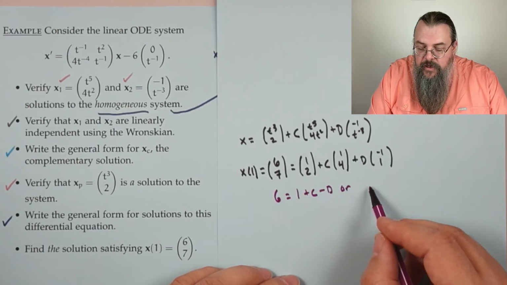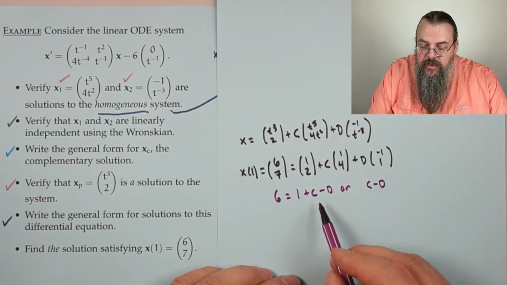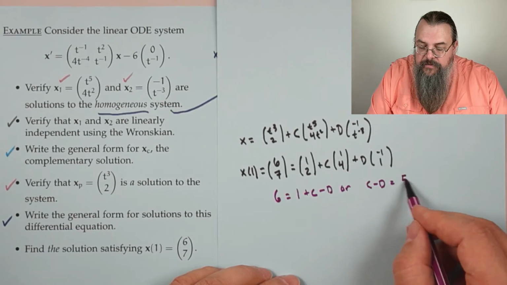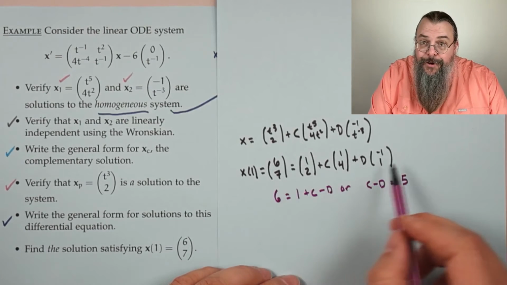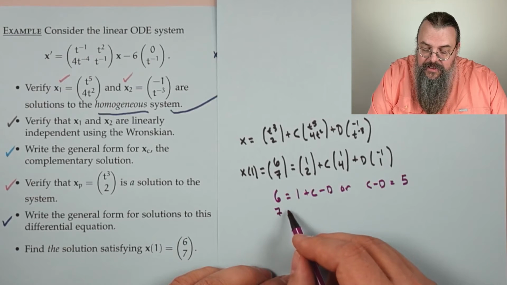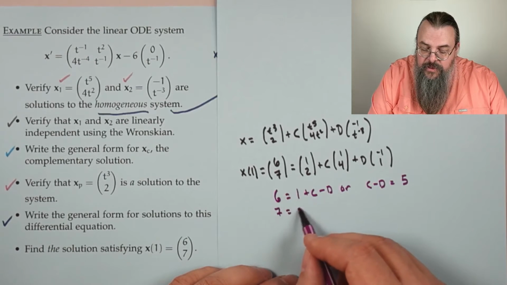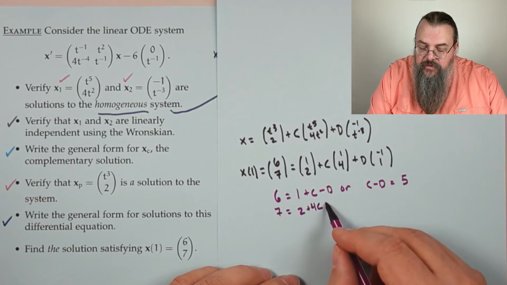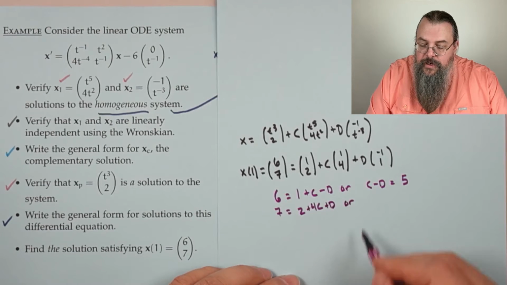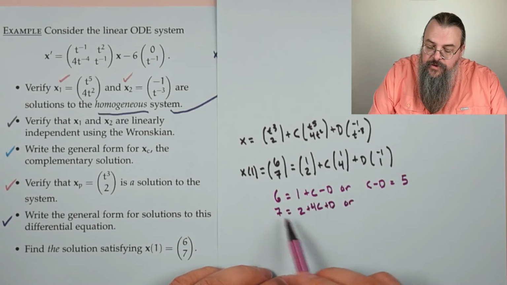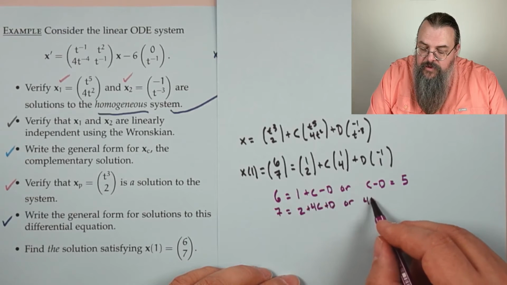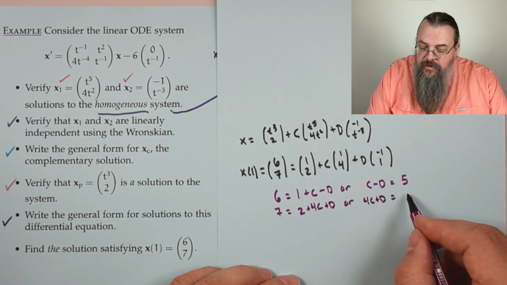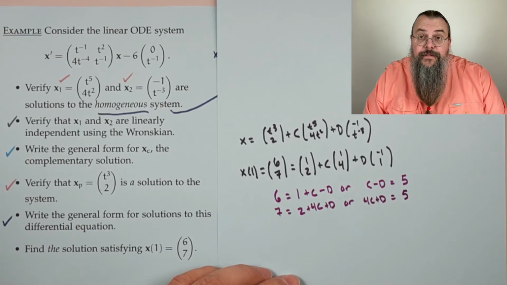Or we could say c minus d is equal to 5. Bottom row. 7 is equal to 2 plus 4c and then plus d. Or, again, we can move the 2 across. 4 times c plus d is equal to, again, 5.